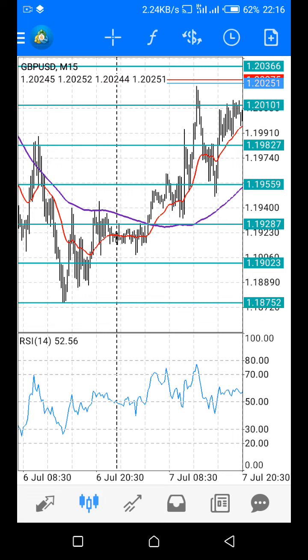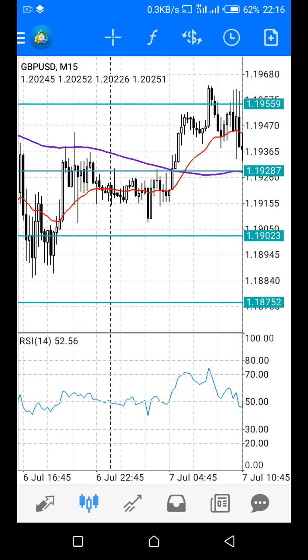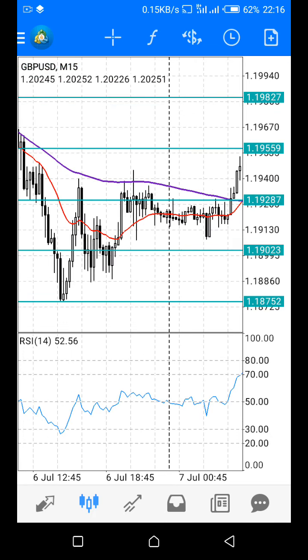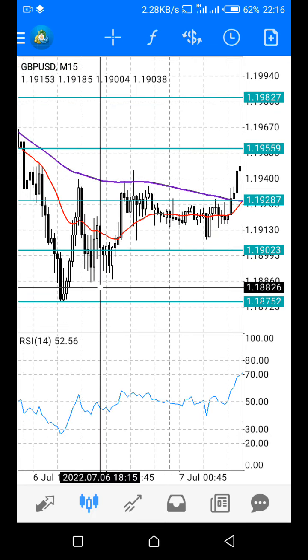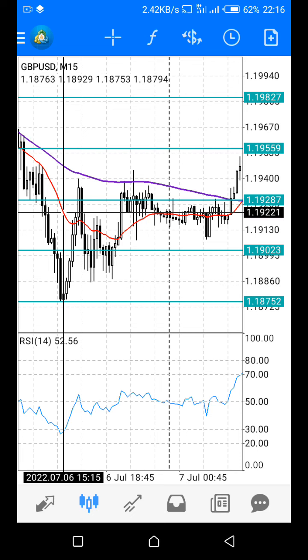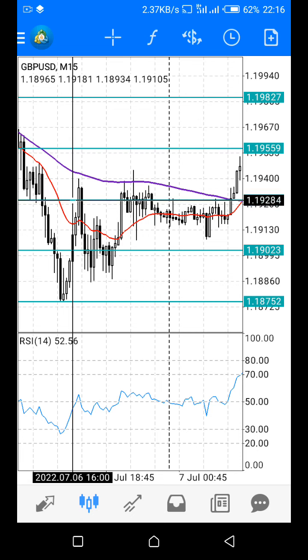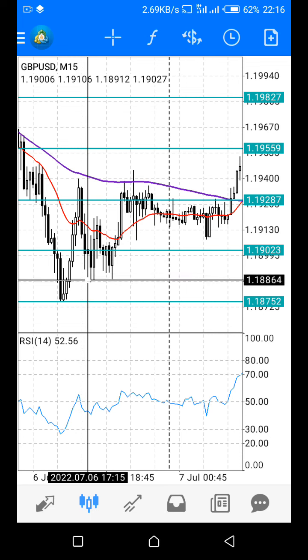So let's see how the market, or the candles, vibrated around these levels. If you look at it, it got to this level and came down.